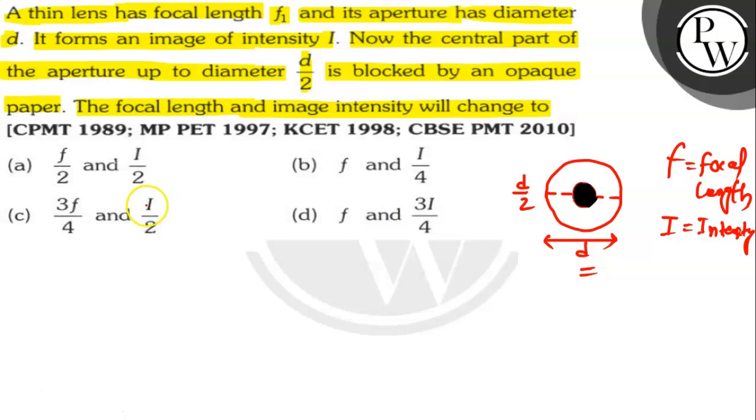So we have to find the area of the aperture when the central part of the aperture up to diameter d by 2 is covered by an opaque paper.